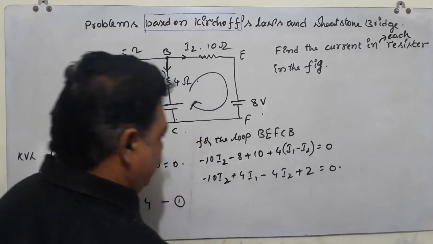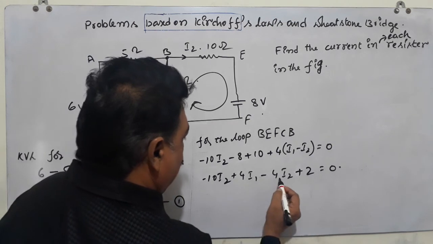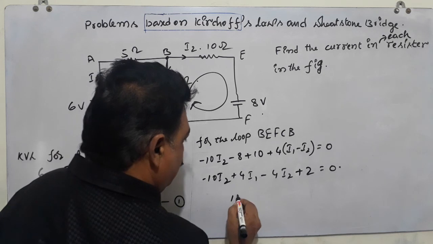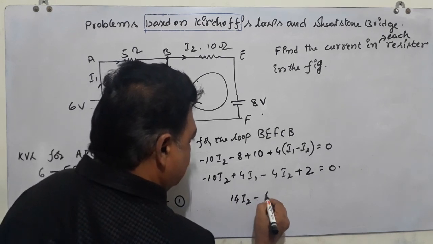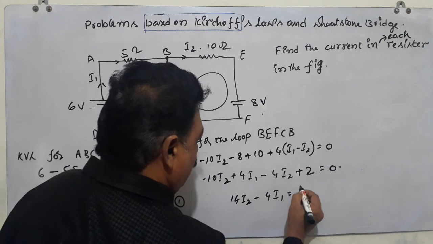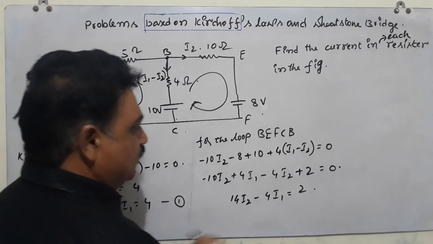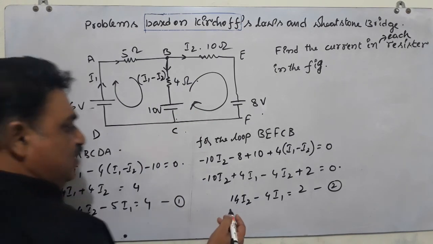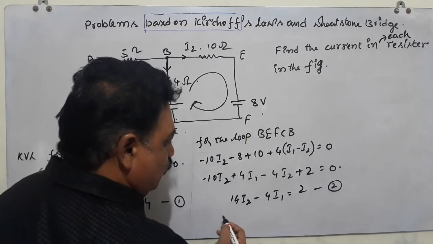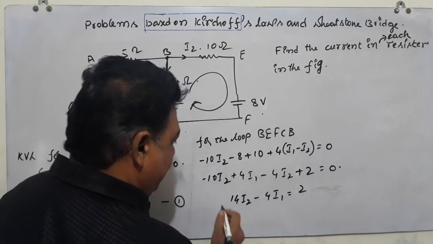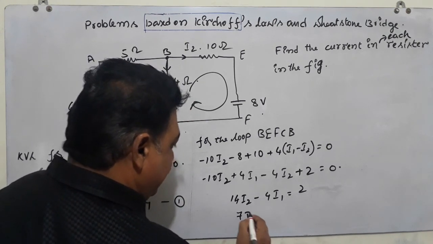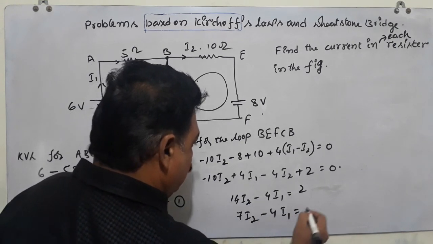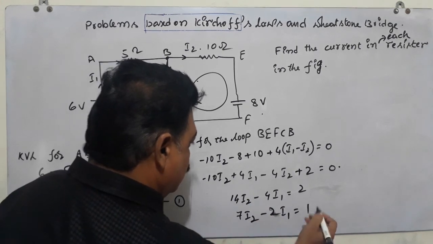And here in this situation, minus 10I2 minus 4I2, that means 14I2 minus 4I1 is equal to 2 volt. This is equation 2, and here you can divide every term by 2, then this equation can be taken as 7I2 minus 2I1 is equal to 1.